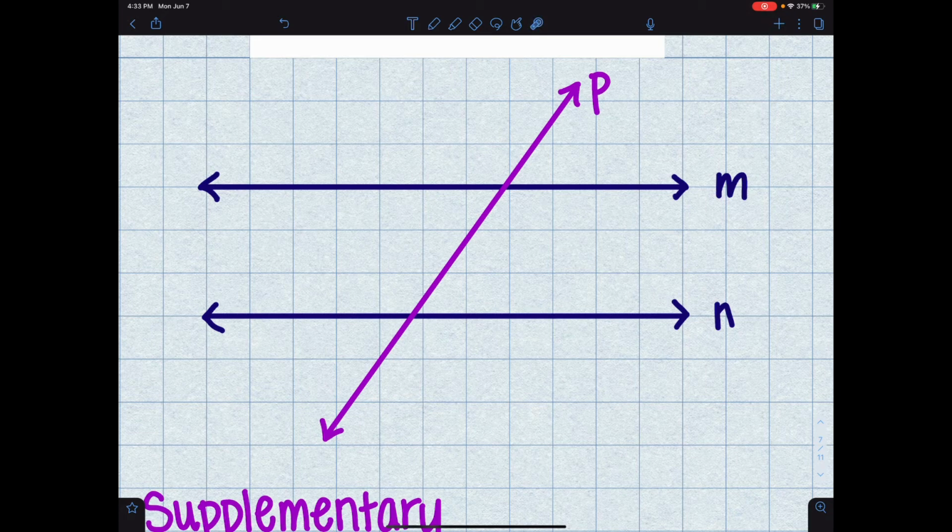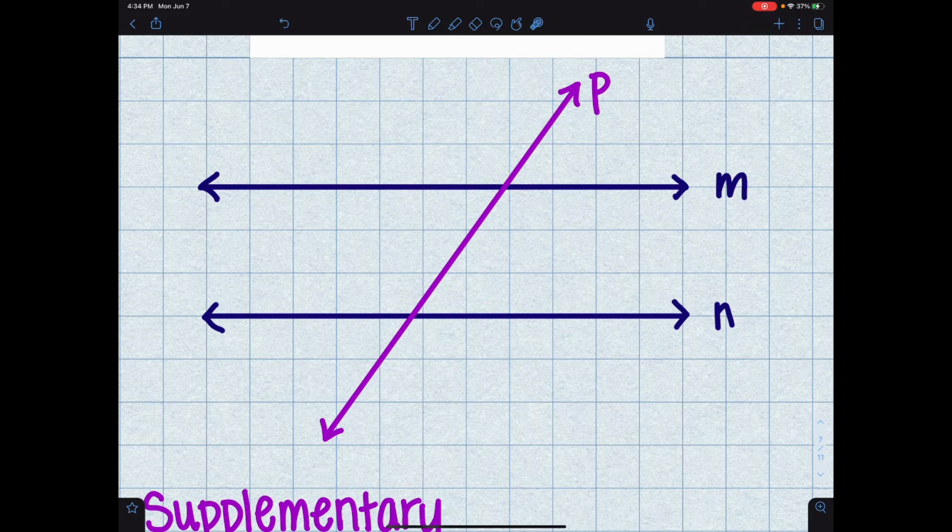So there is this angle. See that? There's also this angle. There's this angle. There's this one, there's this one, there's this one, there's this one. Okay, so a transversal line, when it crosses 2 parallel lines, it makes 8 angles altogether.